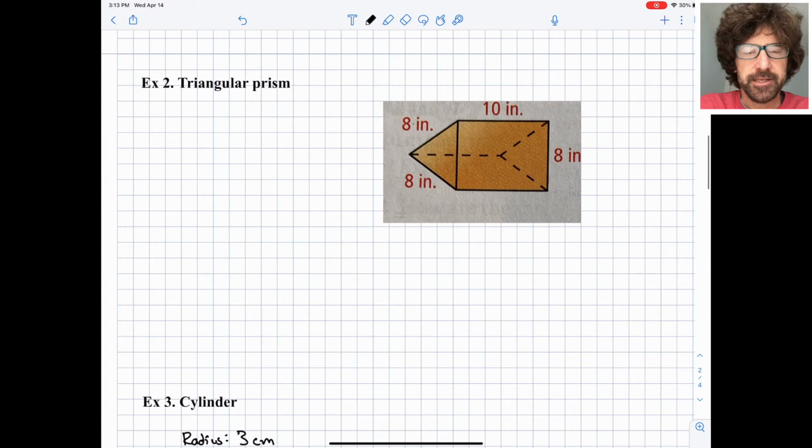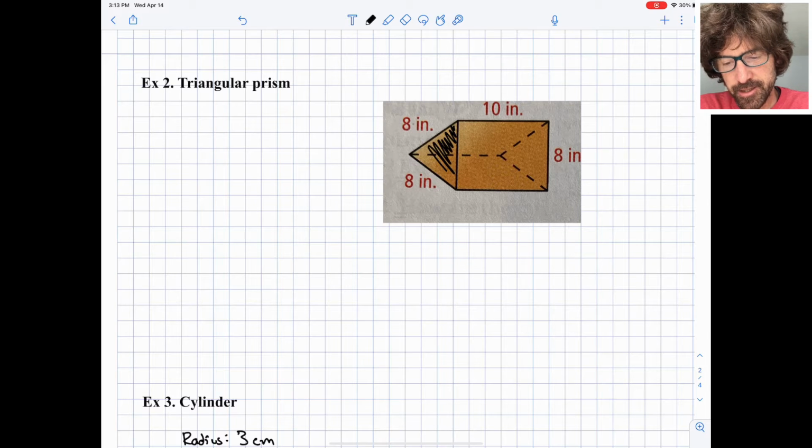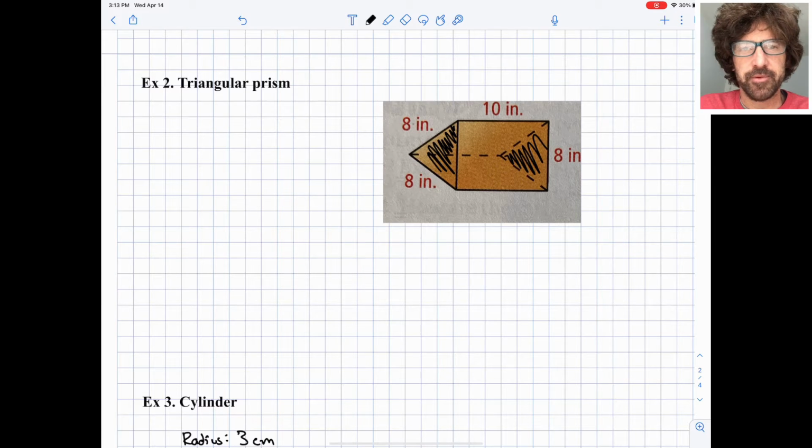A triangular prism is a little bit trickier because we really only have one set of possible faces that could be the base. This triangle needs to be represented as the base, okay? And the 10 is going to be the height. We have a little bit of a tricky piece here because we have an equilateral triangle, but we don't know the height of that triangle itself.